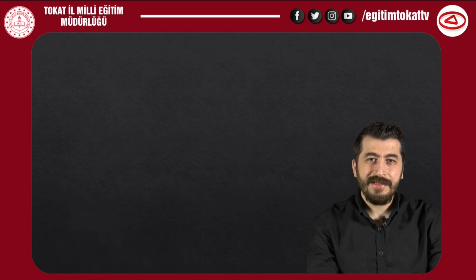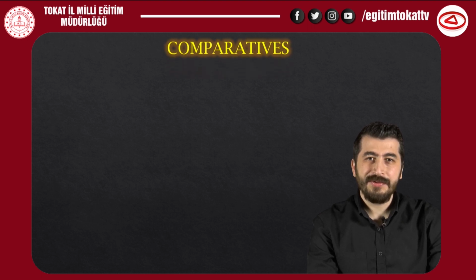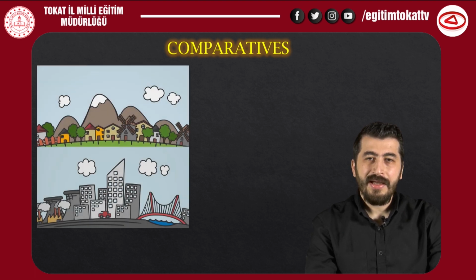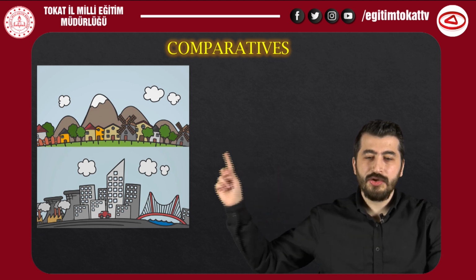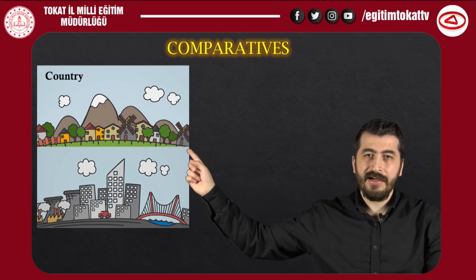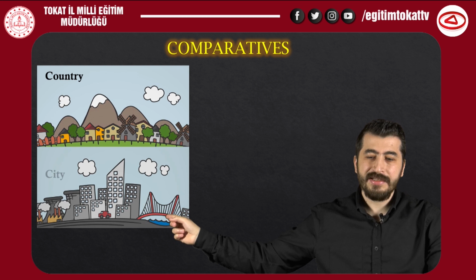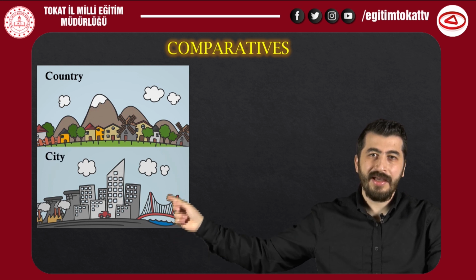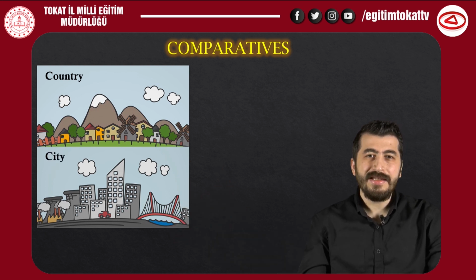We will study our comparatives, third unit. Let's see together what comparatives are. We compare two things, one is country and the other is city. We need adjectives for comparatives.